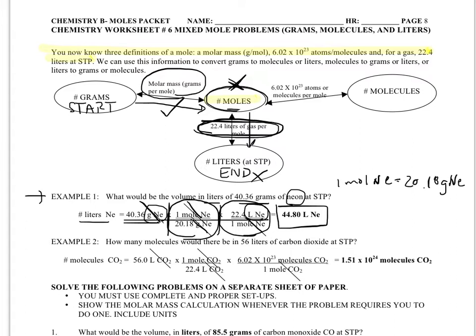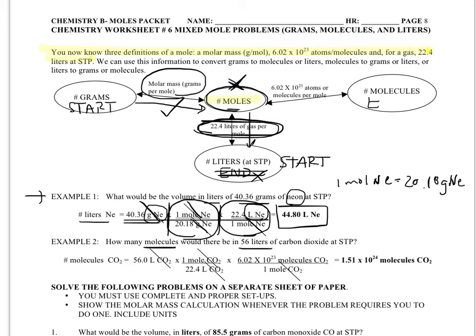Okay, so you kind of see how we're using this chart, right? So what I want you to try is on the next one, to see if you can continue to use the chart. So this time we are trying to go from liters to molecules. So now my starting point is liters, right?